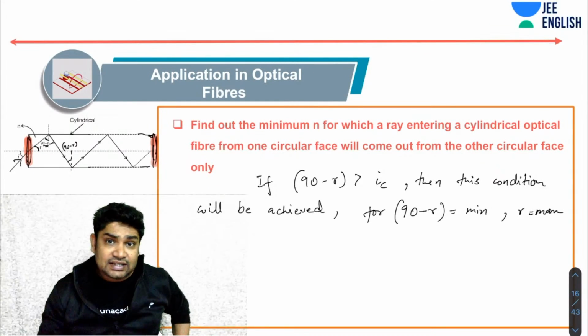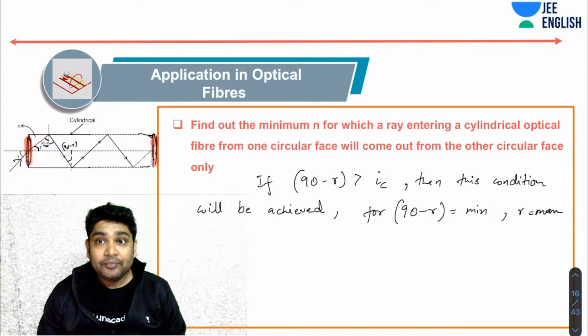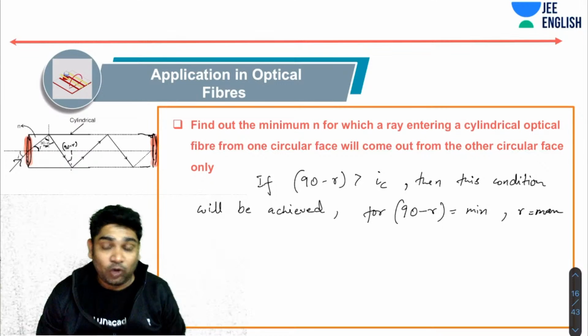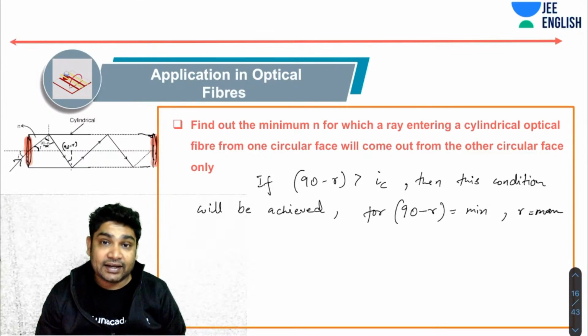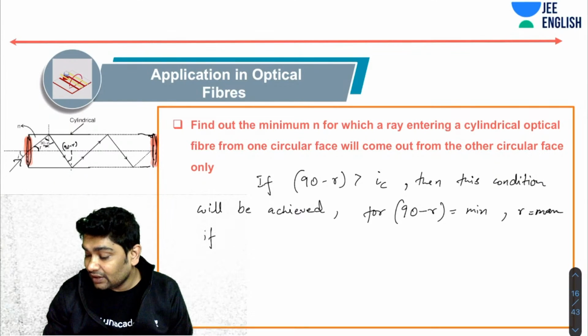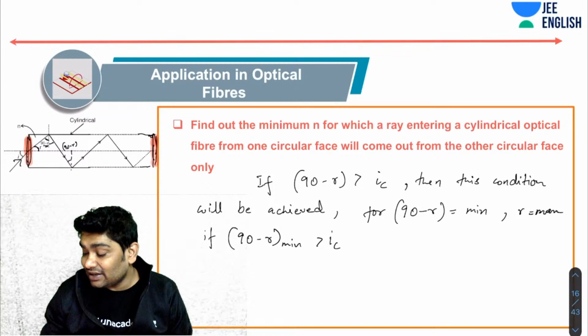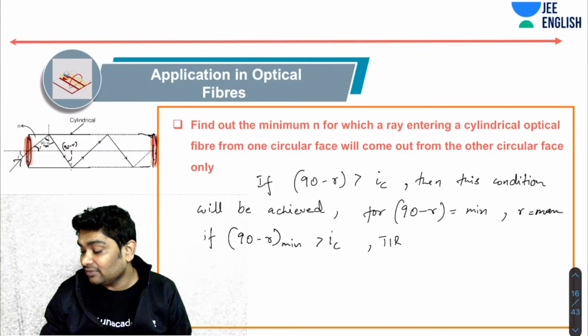And if for such a value also it exceeds the critical angle, then I can definitely say that for all other angles, it will definitely exceed the critical angle. Okay. So if 90 minus R min is greater than IC, then I can say TIR will happen for all incident rays. Agreed?